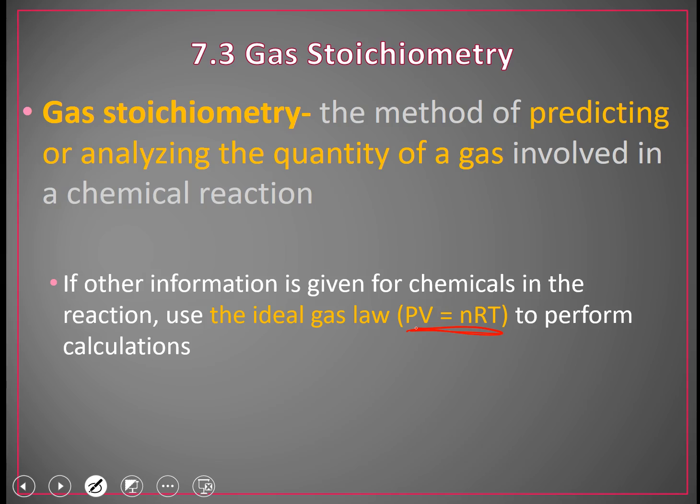So what formula would I need to use in conjunction with PV equals nRT to answer that question? Right, I can always use n equals m over M, which also means in my gas law stoichiometric calculations, I might need to use that depending on what they give me in the question.